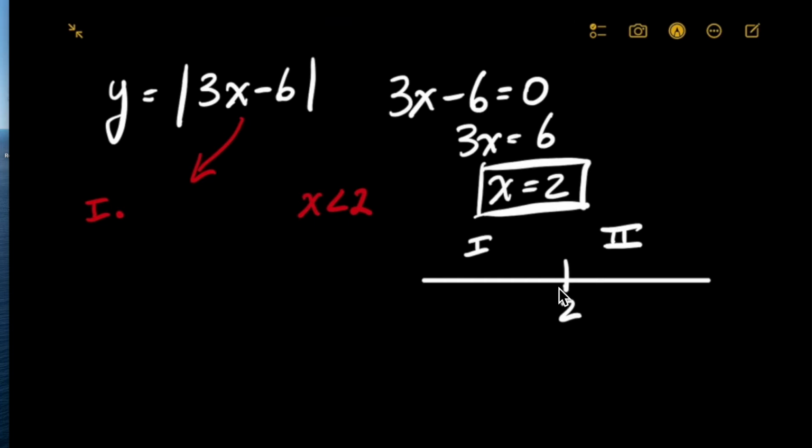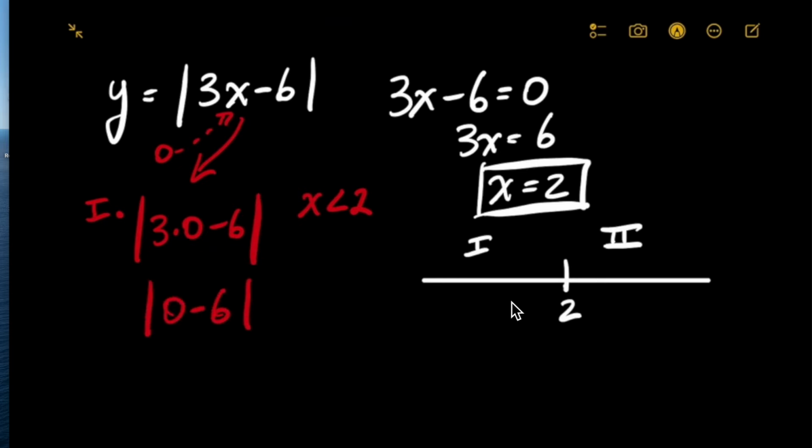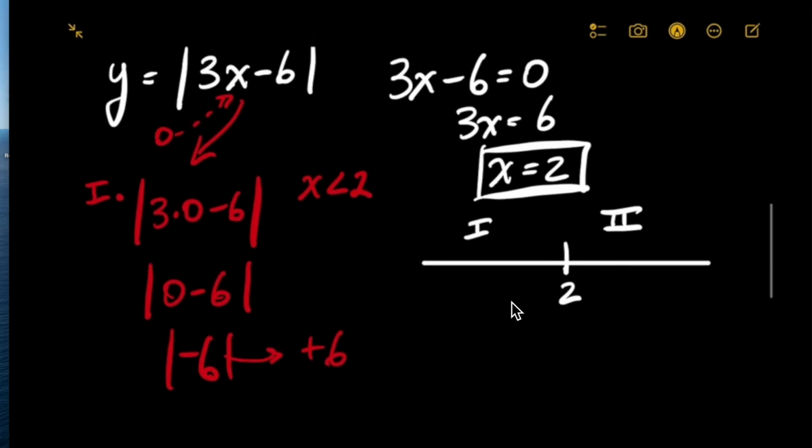So we're going to pick something that's less than 2. Let's pick 0. So if we plug 0 into our original equation, we're going to have the absolute value of 3 times 0 minus 6. That's going to be 0 minus 6, so negative 6 within the absolute value sign, but when we bring it out, it's positive 6.